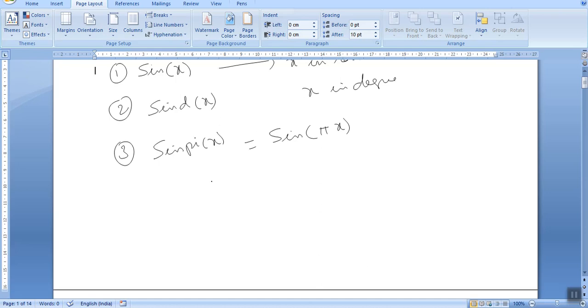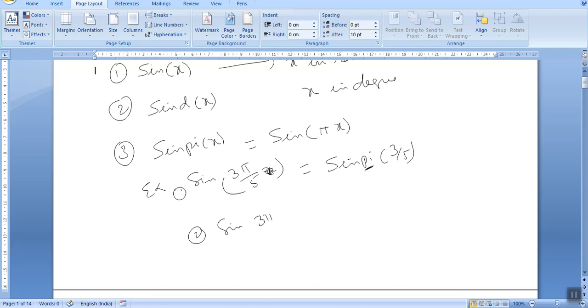So, suppose you want to know the value of, for example, sin of 3 pi by 5, simply use sinpi of 3 by 5. No need to write pi here. Another example, suppose you want to find the sin 3 pi value, simply use sinpi of 3.